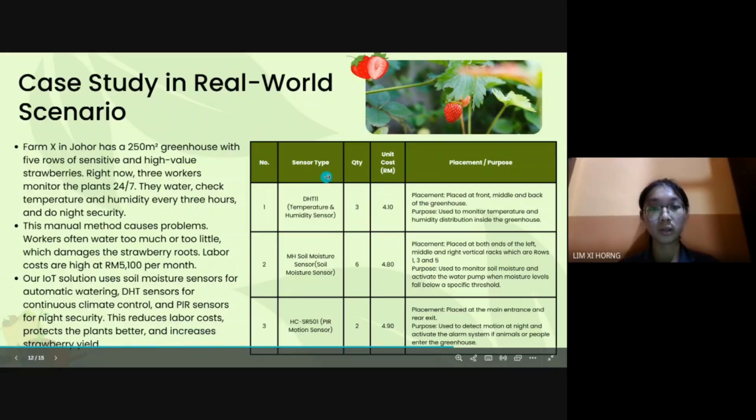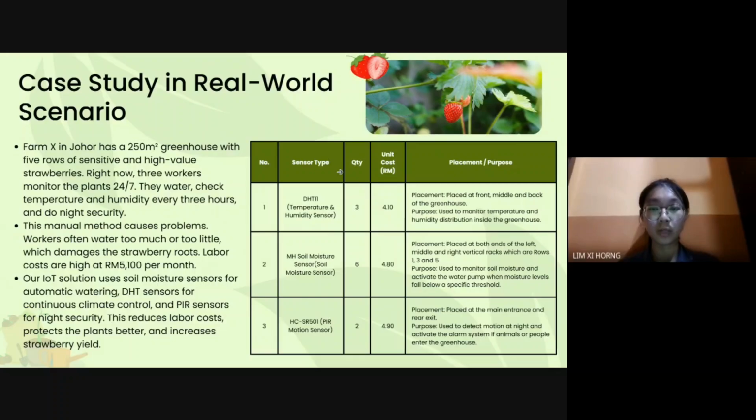So we use temperature and humidity sensors and place them at the front, middle, and back of the greenhouse. The purpose is to monitor the temperature and humidity distribution inside the greenhouse. And we used six soil moisture sensors placed at both ends of the left, middle, and right vertical racks, which are rows 1, 3, and 5.